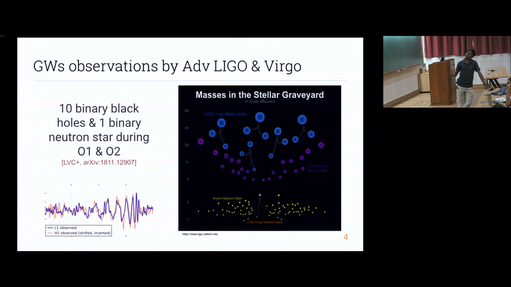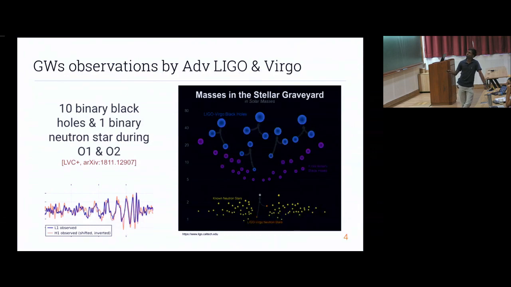Here you see the waveform of the first binary black hole merger signal we saw in 2 LIGO detectors, and this is the distribution of masses for the black holes and neutron stars we have seen so far.